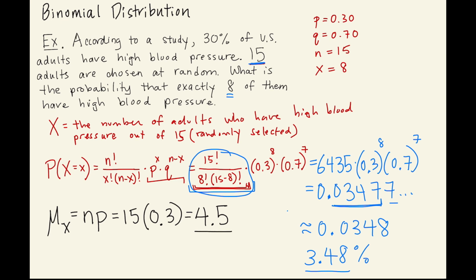So we expect, on average, around 4.5 of the individuals to have high blood pressure out of the 15. So this explains why the probability of us getting exactly 8 individuals with high blood pressure is a pretty low probability, right? Because the expected number of people is a lot lower. It's around 4.5.